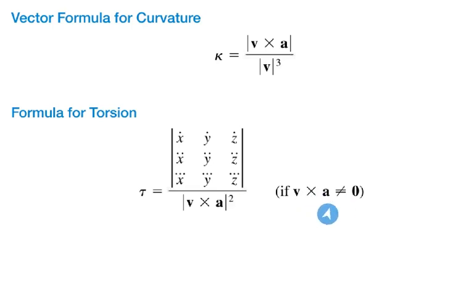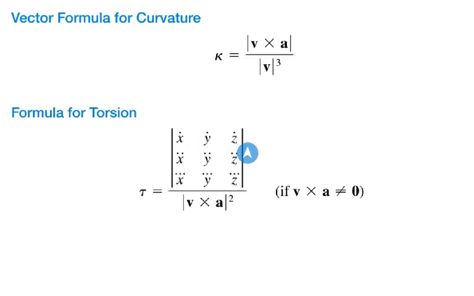And we can do this as long as V cross A is not equal to zero. So this formula calculates torsion directly from the derivatives of the component functions x, y, and z, being f a function of t, g a function of t, h a function of t, that make up our original vector r. So the first row, these are all first derivatives.